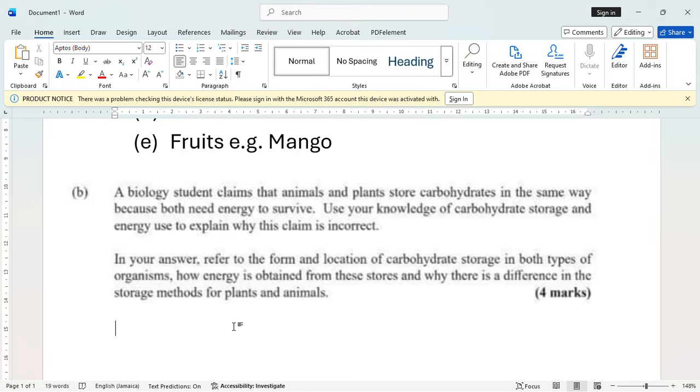So for one, the form. A plant stores the carbohydrate in an insoluble form. Anybody knows the form?